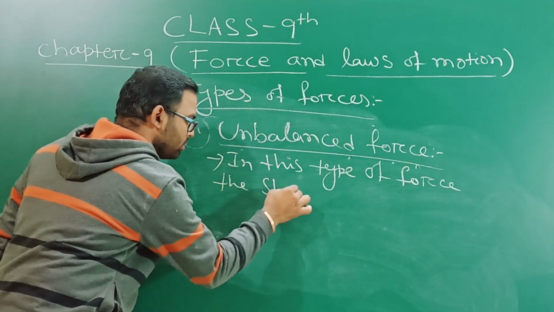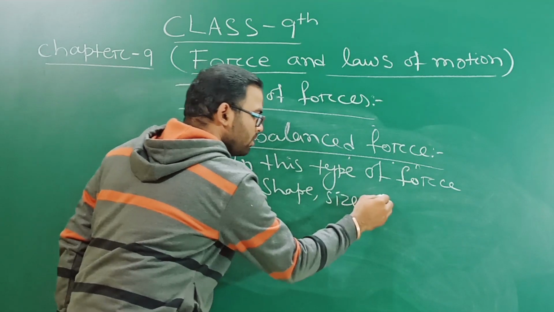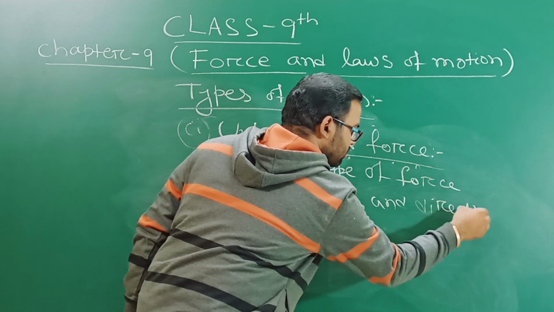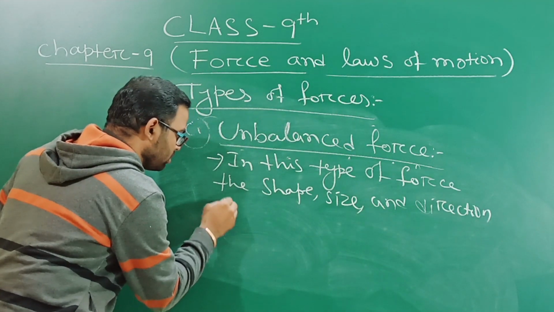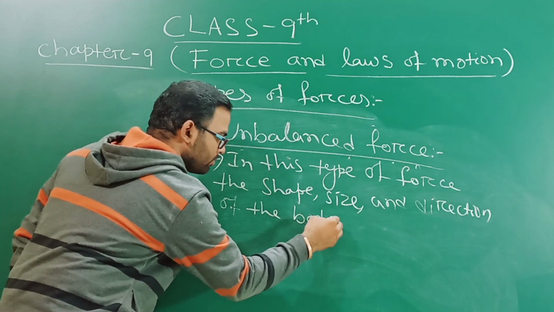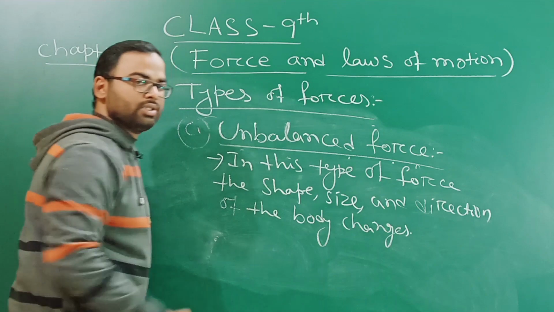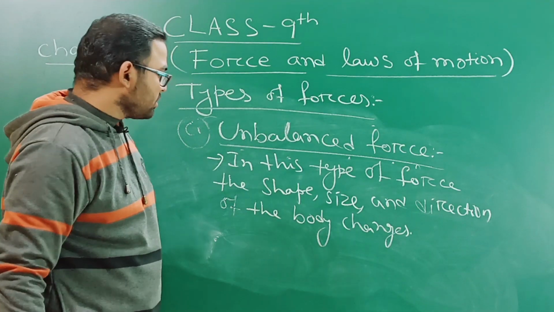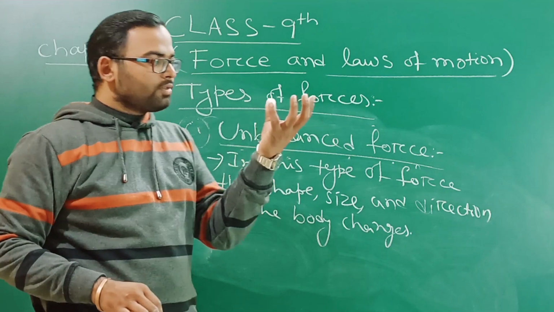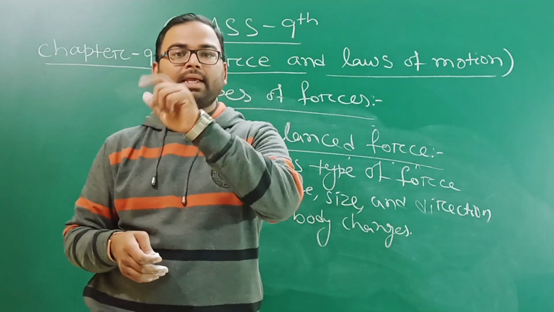So our next point is, in this type of force the shape, size and direction of the body changes. That means if we consider balanced force, if the object is at rest or in uniform motion, then it will maintain that.